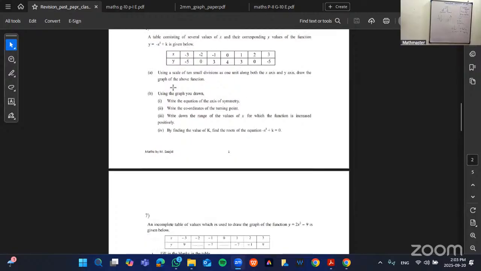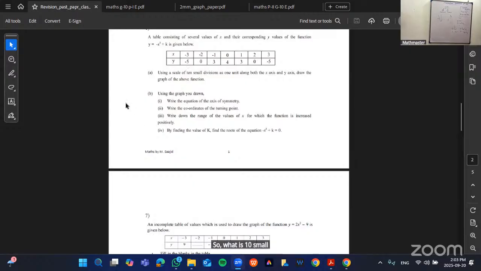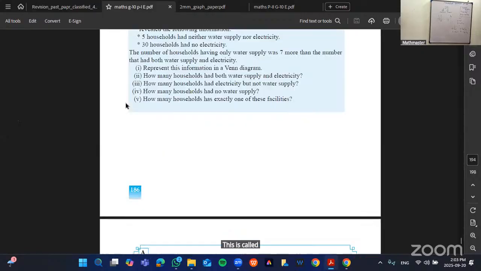Right. Using a scale of 10 small divisions as 1 unit along both the x-axis and y-axis, draw the graph of the above function. So you have to use 10 small divisions as 1 unit. So what is 10 small divisions as 1 unit? Let's see. This is called 1 unit.